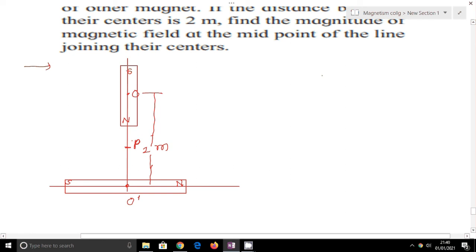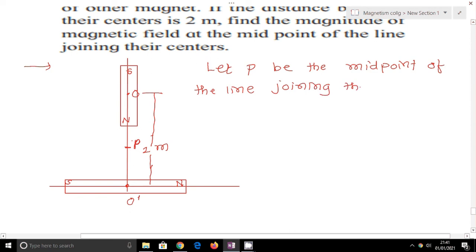In the example here, let P be the midpoint of the line joining the centers of the two bar magnets.